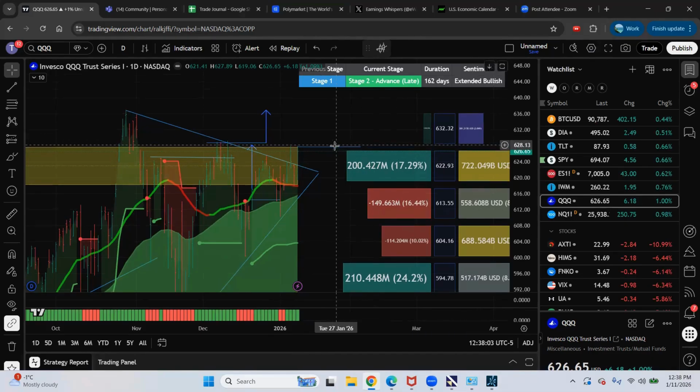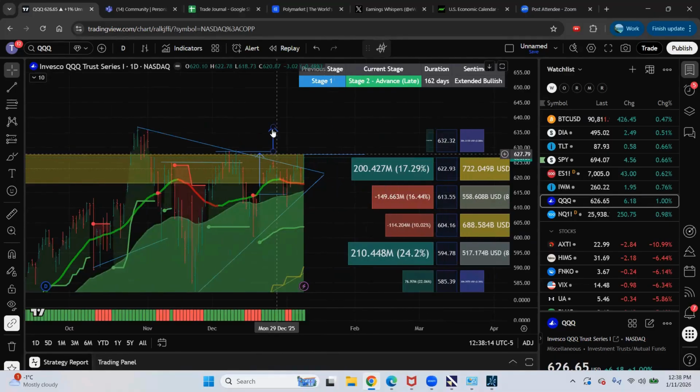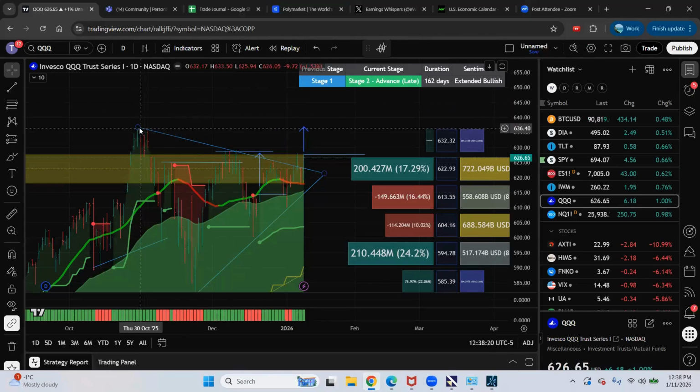So this is the level that I'm looking at for more upside on the Nasdaq, 627.67 on the Qs. The Nasdaq will have a very similar look. If we get that, then I think we can move this arrow across and look to get back to those previous all-time highs again.